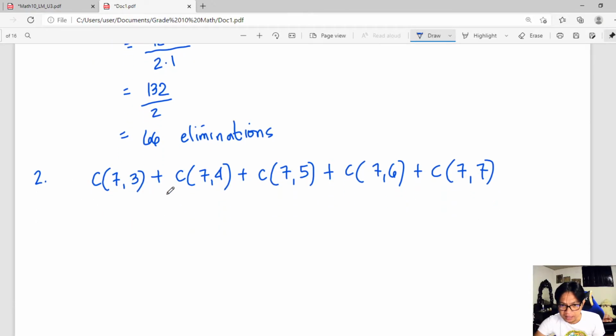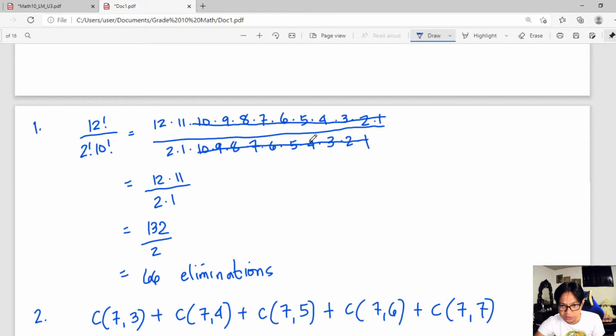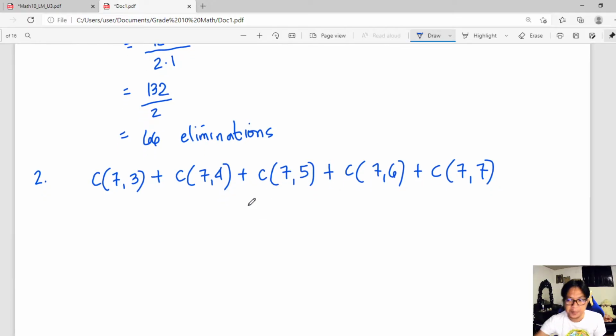If you have your calculator, hindi na niyo kailangan mag-manual ng ganito. You can directly press the button yung mga kailangan nyo sa calculator.